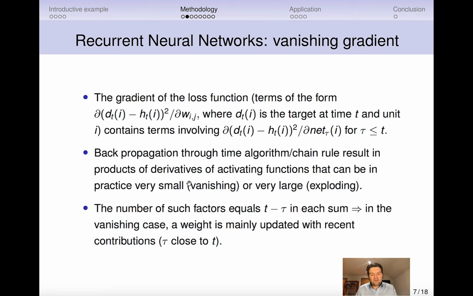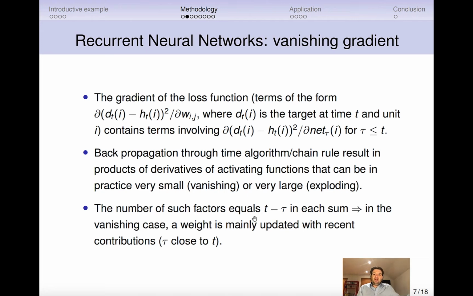And due to the precision of the machine as well, it's possible to have values that are very small and even 0 in a way, for those slopes, those derivatives. And we have a product of things like this. And the number of factors in such products, due to backpropagation, exactly equals t minus tau in each of the sums that are involved.